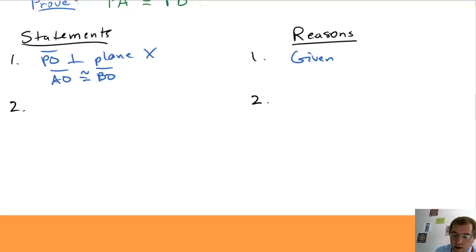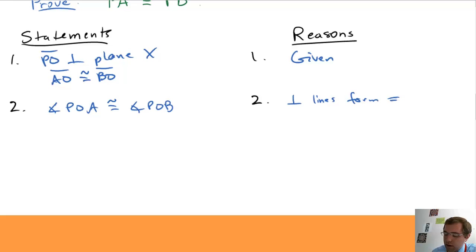They are both right angles. So angle POA is congruent to angle POB. The reason? Perpendicular lines form congruent adjacent angles. Those angles are adjacent to each other, they have to be congruent.